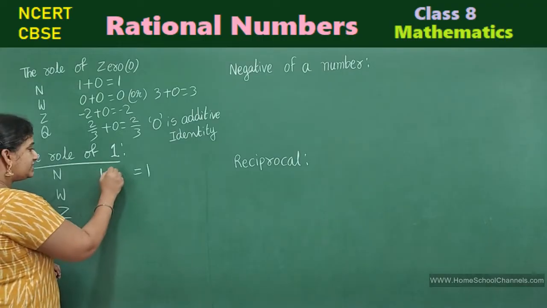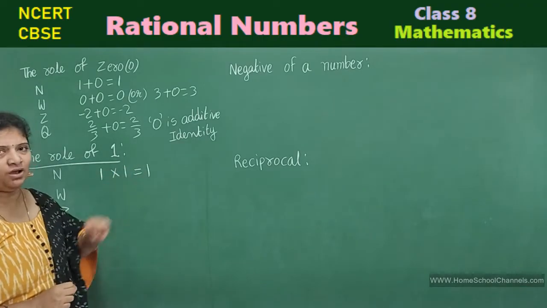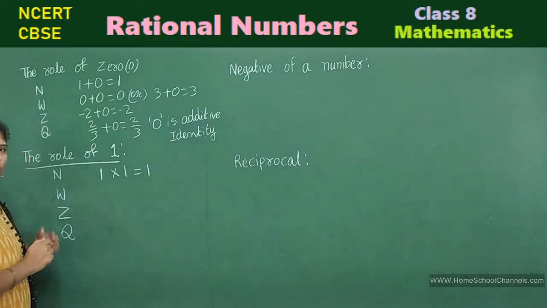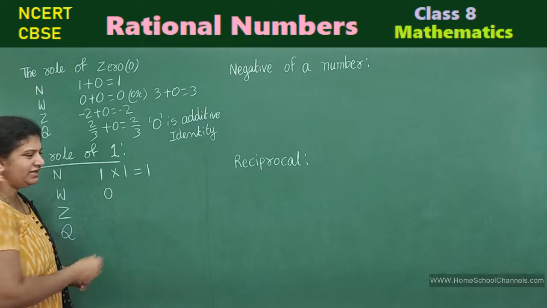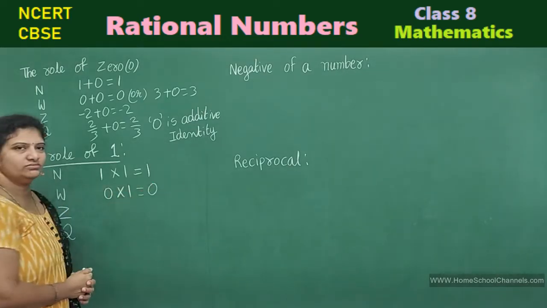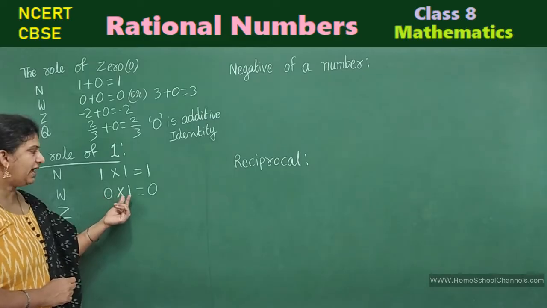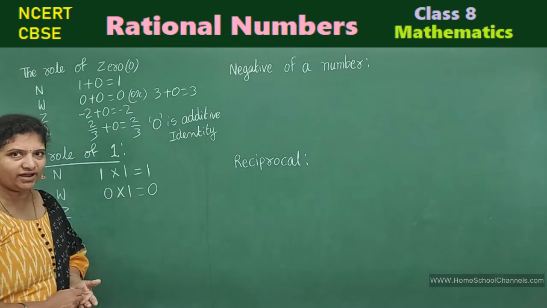If for this number I multiply 1, 1 ones are 1. Same, any whole number you take. 0 I take. 0 is a whole number, right? 0 into 1 will be 0. If you multiply 1 to 0, you get a 0. That is a whole number, right?